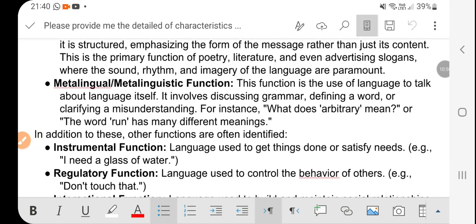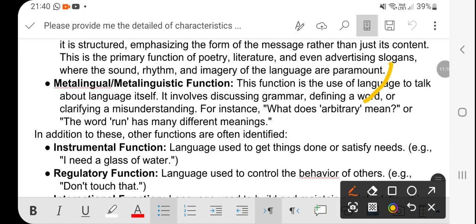Poetry is the biggest resource of communication. So poetry, literature, and even advertising slogans, where sound, rhythm, and imagery of language are paramount, right?